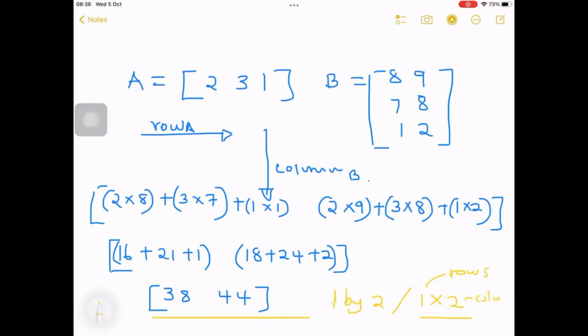If we check here, how many rows do we have? We only have 1 row. And how many columns do we have? We have 2 columns, first column and second column. And we are done with the first example. So let's try example number 2.